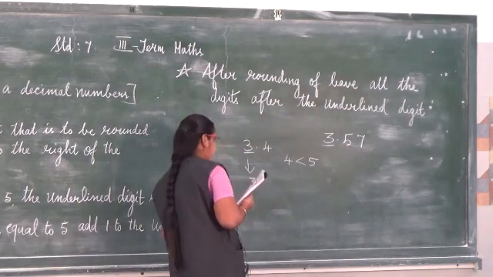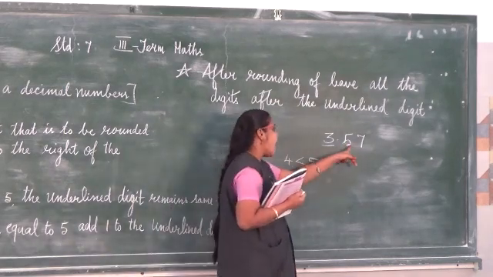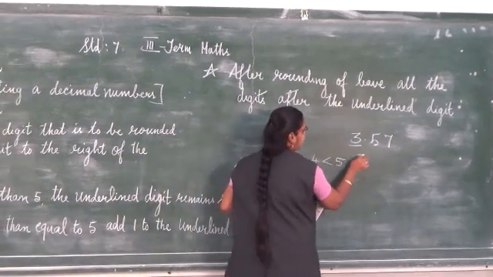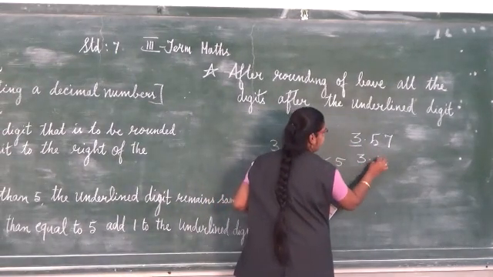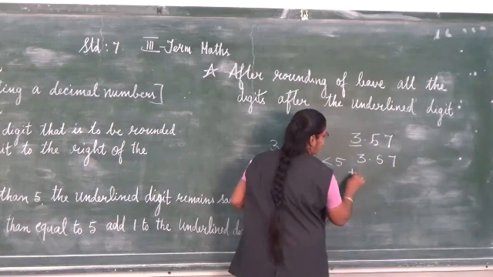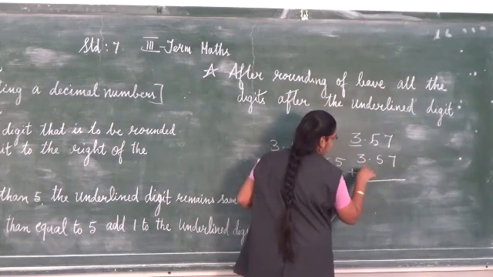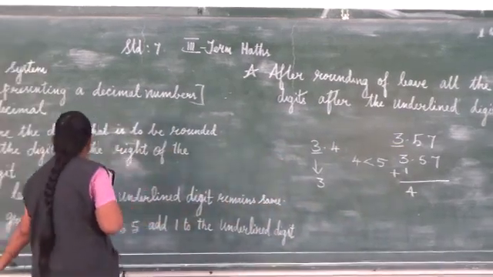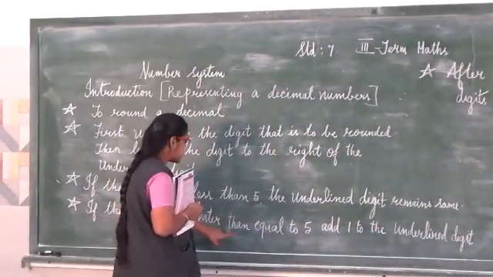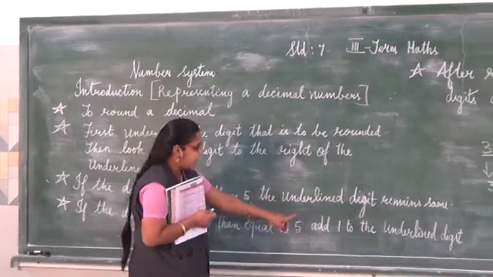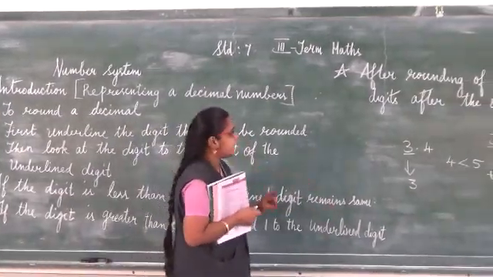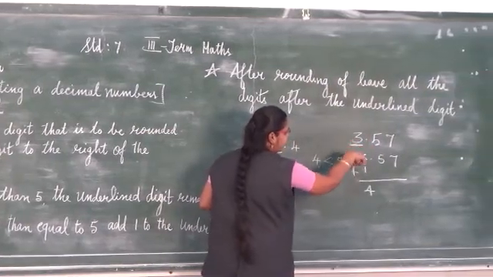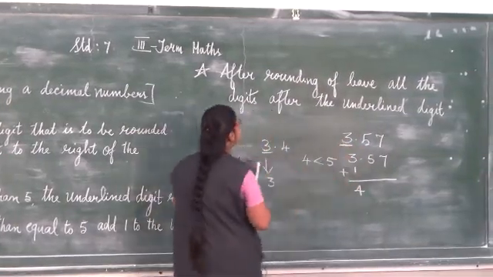What is the condition they have given there? We have to add 1 to the underlined part. So, what will be the answer? 3 plus 1 is 4. So, 4 will be the rounded one. This is the underlined digit, I am adding 1 to that. So, 4 is the answer.